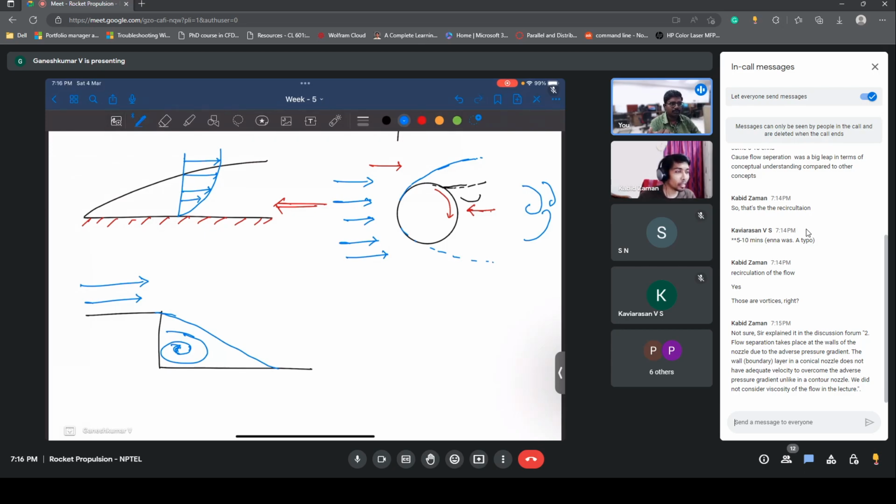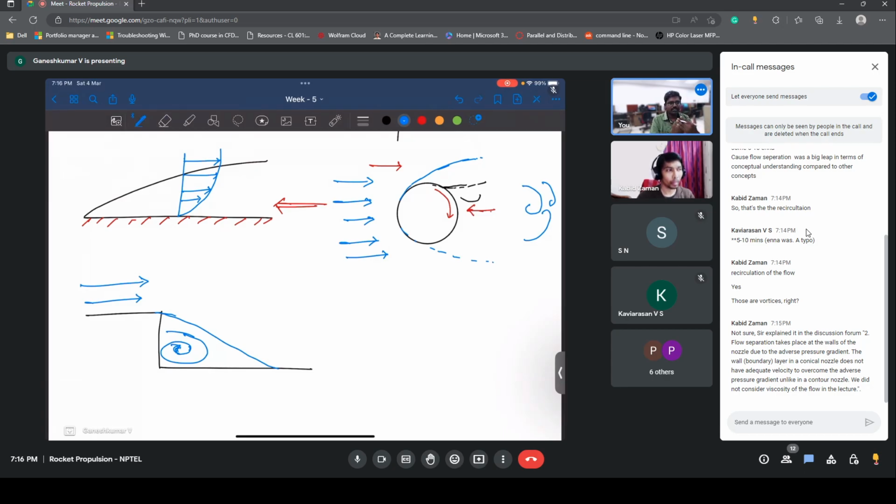Basically, when there are two competing pressure gradients, if the flow is at high velocity, it does not allow this adverse pressure gradient to act. That is what it means when there is no adequate boundary layer velocity to tackle this adverse pressure gradient.